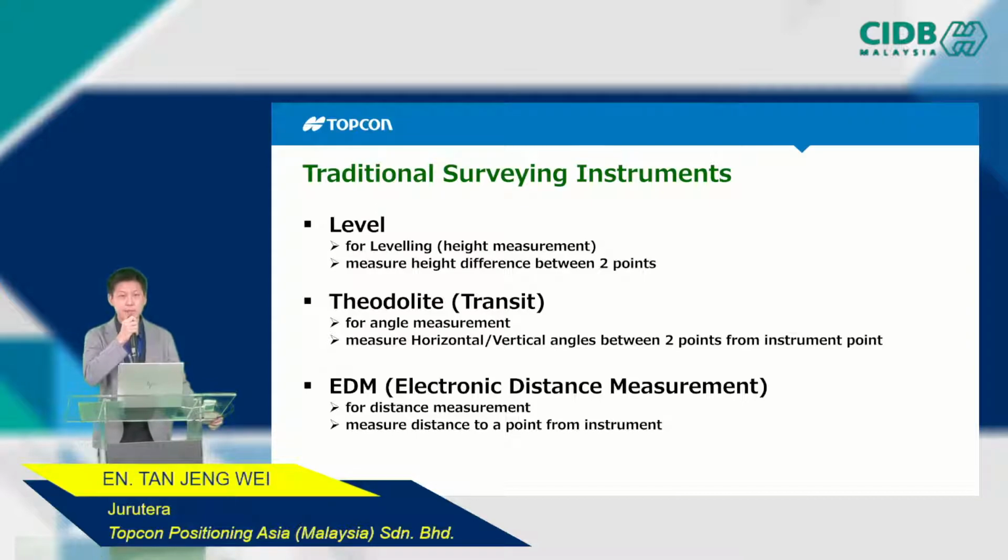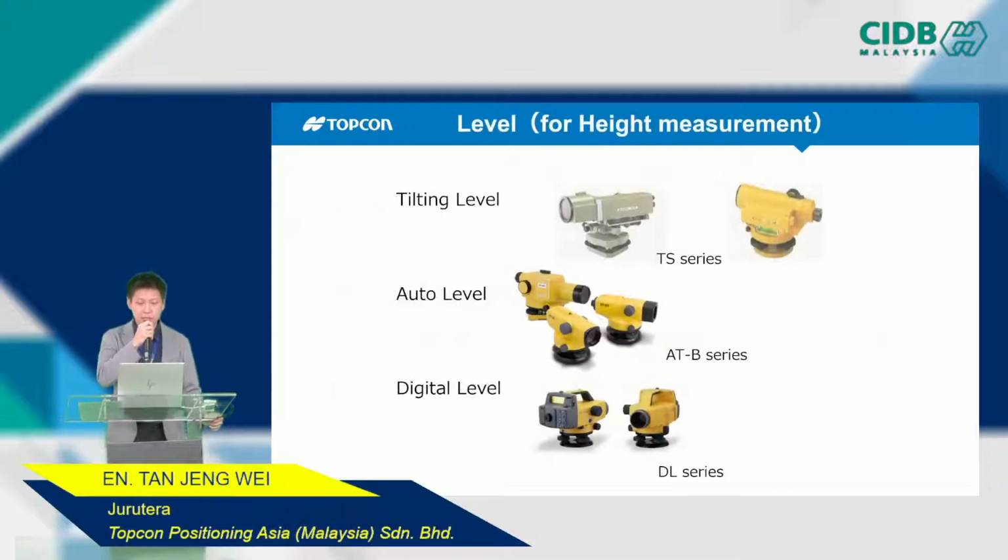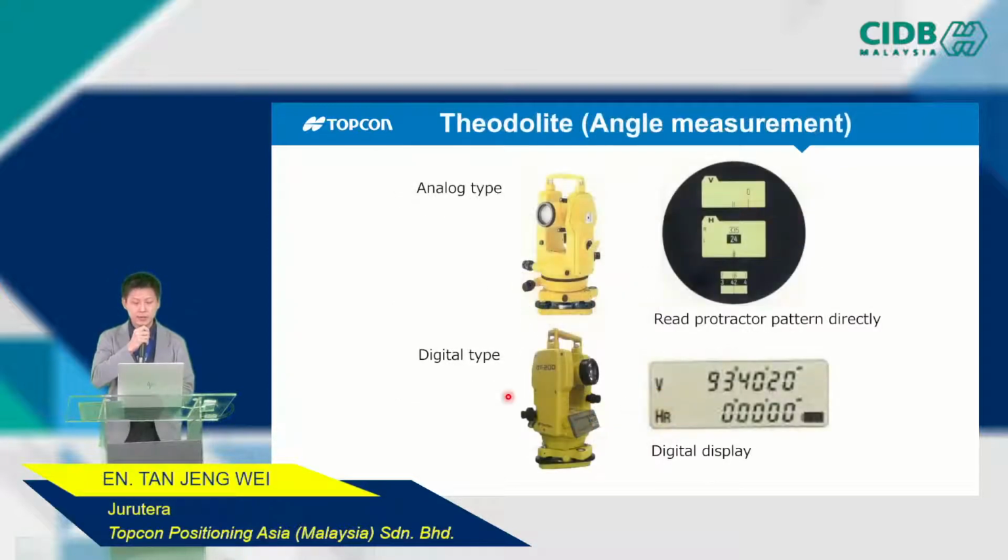So these are some examples of our instruments. This is the dumpy level. As you can see, it evolved from the tilting level to the auto level, and the more advanced one is the digital level. And these are examples of theodolites.